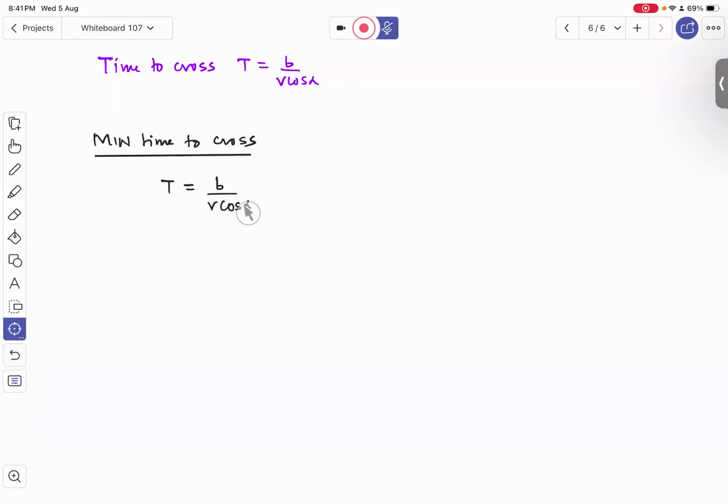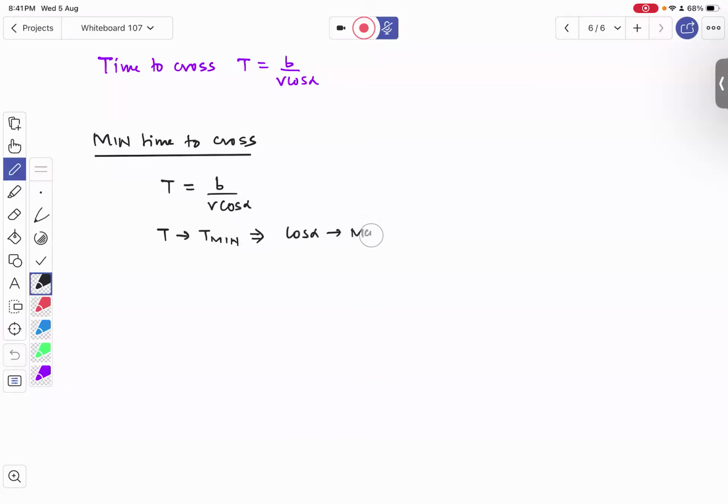The only thing I'm changing is the angle, alpha. So to minimize t, I must maximize the denominator. For t to be minimum, cos alpha must be maximum, and the maximum it can become is equal to 1. When will it become equal to 1? When alpha is equal to 0 degrees.